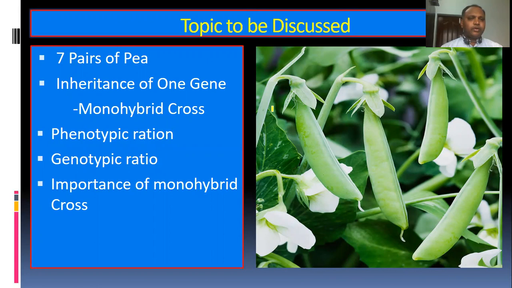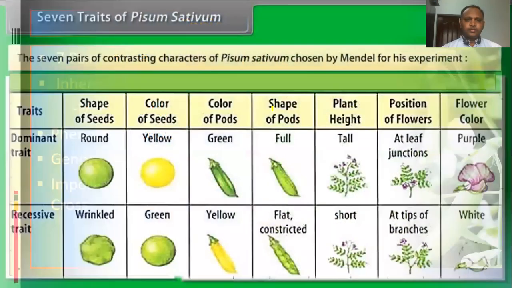Then we are going to discuss inheritance of one gene. For that, Mendel conducted the monohybrid cross. And then we are going to see the phenotypic ratio, genotypic ratio, and importance of monohybrid cross, right? We will see one by one.